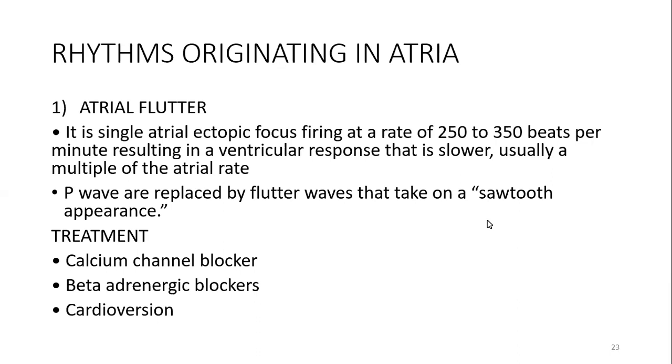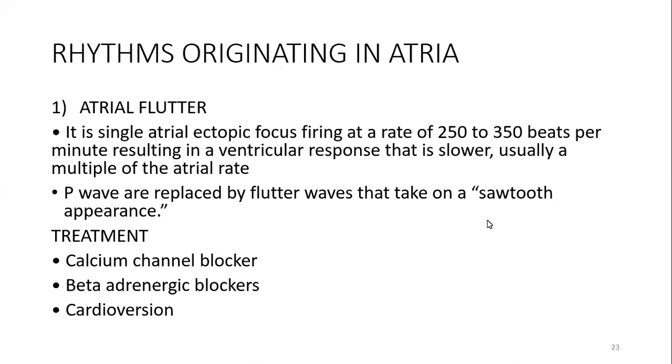So impulses that travel to the AV node are regulated and slowed down because the inherent ability of the AV node fires about 40 to 60 beats per minute. So definitely, when these impulses are coming from the atria, it's not going to continue at that high rate. It's going to be slowed down at the atrioventricular node.